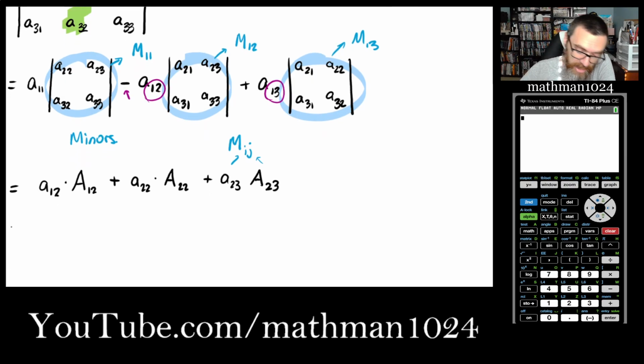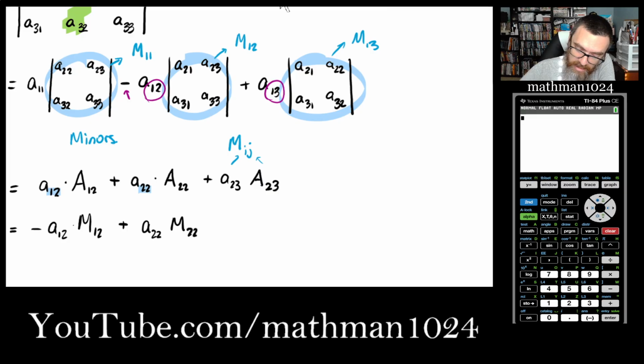And if you were to work this out, because we have here 1 plus 2 is 3, that would give us a negative times the minor. So that's kind of working out that cofactor. Because you have 2 plus 2 is even, it's just going to be a positive. So it's going to stay as A22 times whatever the minor is from that.